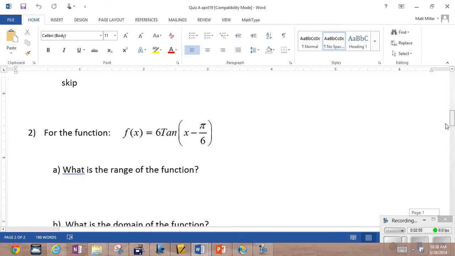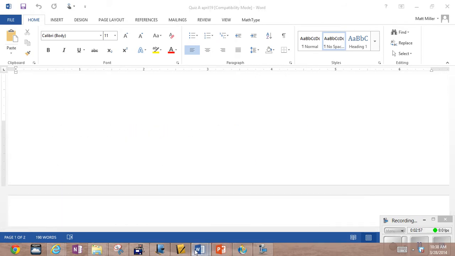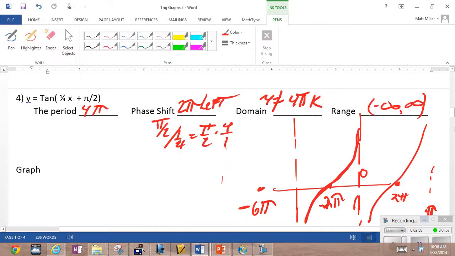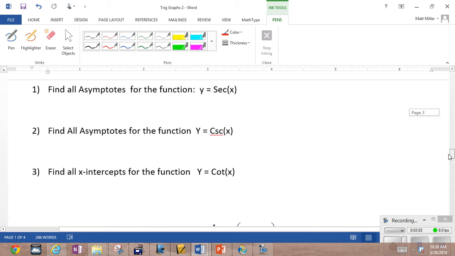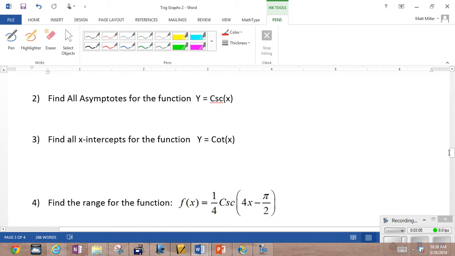All right, it's the wrong exercise. Let's see, here it is. Okay, so here we go. Find all asymptotes of the cosecant. Well, again, remember that the cosecant is 1 over the sine, and so wherever the sine is going to go to 0, there's going to be asymptotes there.